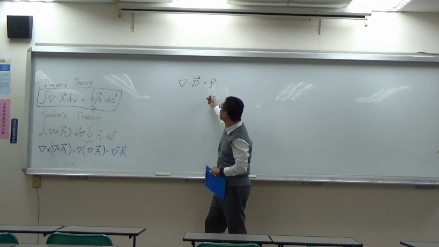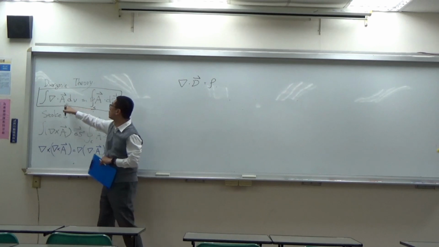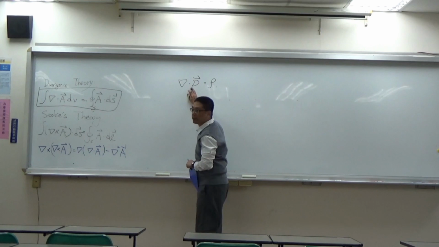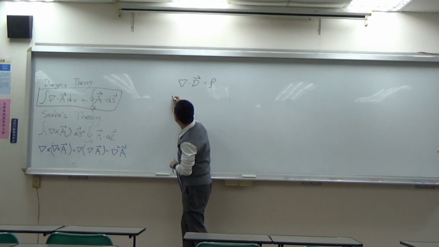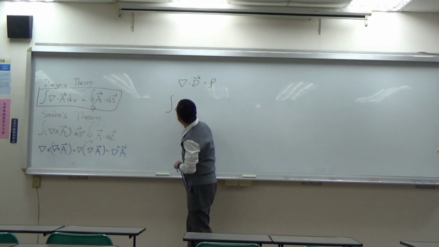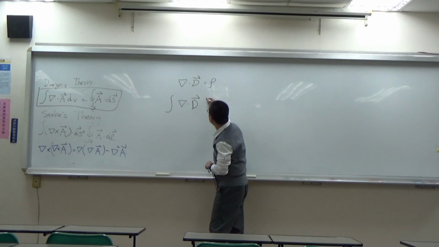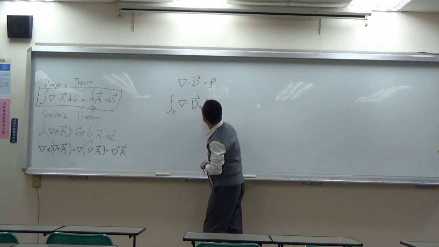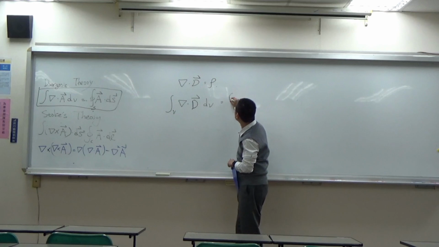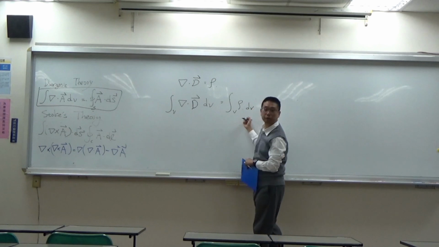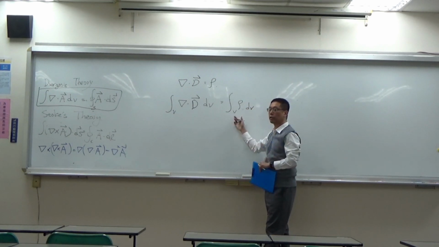The first step is we take a volume integral of both the left and the right hand side of these equations: the volume integration of divergence of D dV equals the volume integral of rho dV. There's nothing special, right?